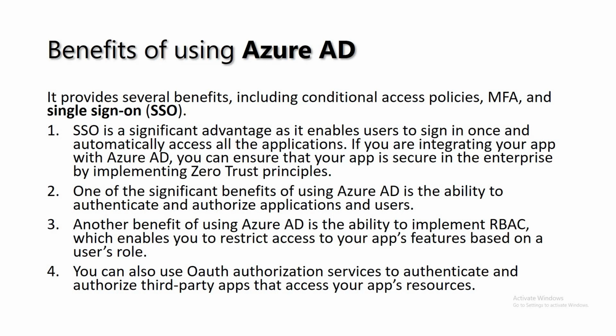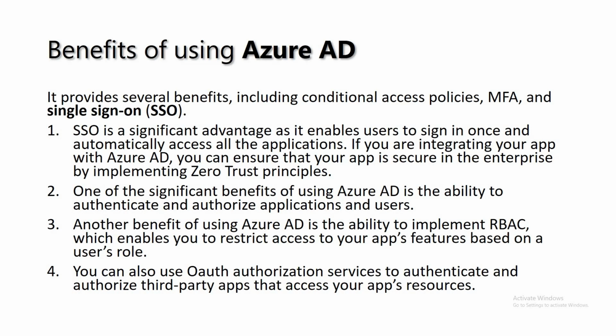The second point is the ability to authenticate and authorize applications and users. The third point is the ability to implement RBAC, role-based access control, which enables us to restrict access to our app's features based on a user's role.